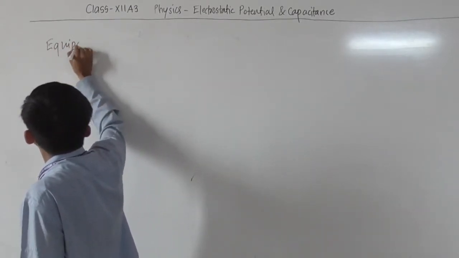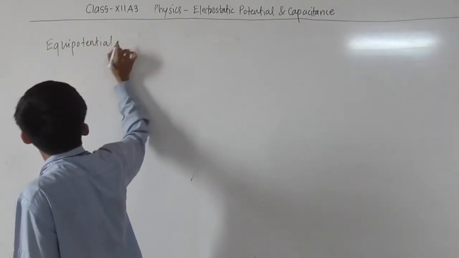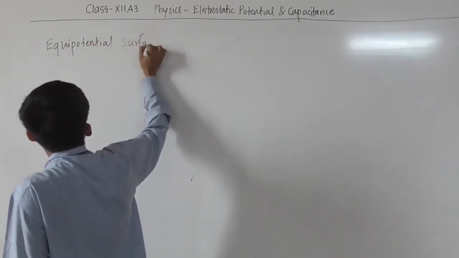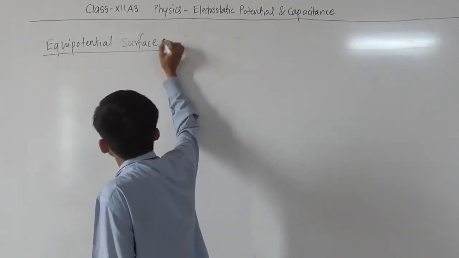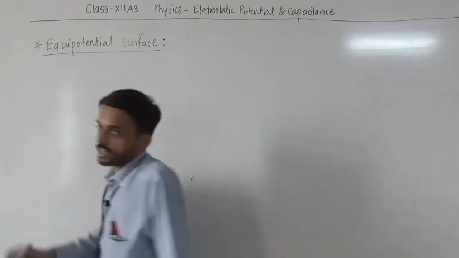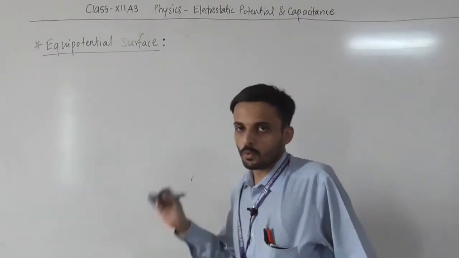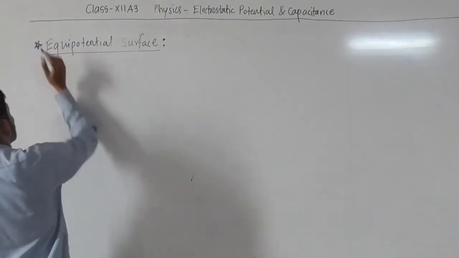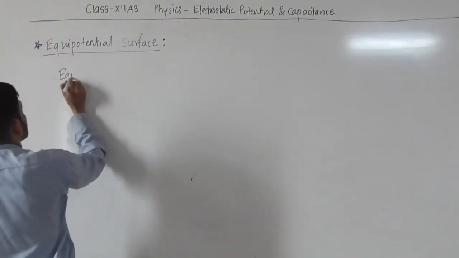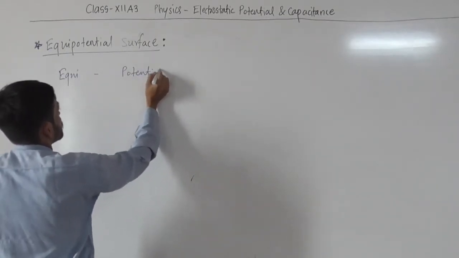Actually, in the middle lecture, I have given you an idea about the equipotential surface. So first of all, let us have the overview of this word equipotential. Equi and potential and surface.